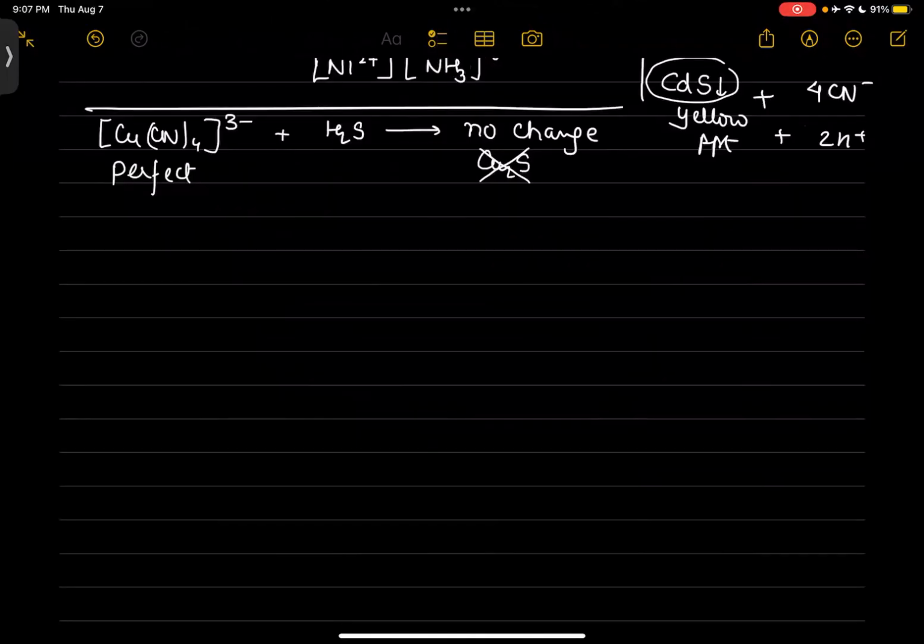Now the next topic is some common terms and terminologies which are used in coordination compounds.